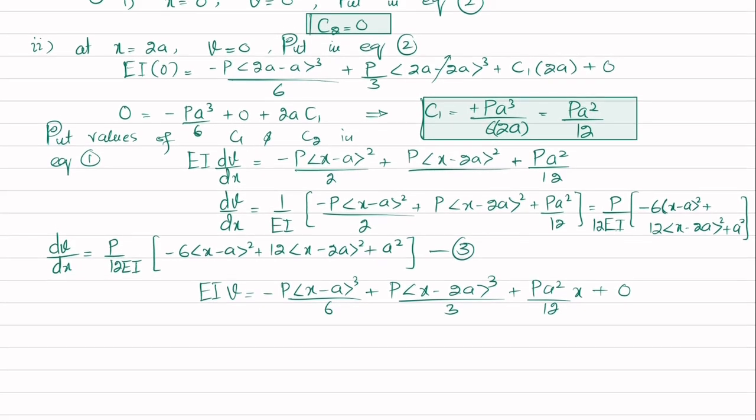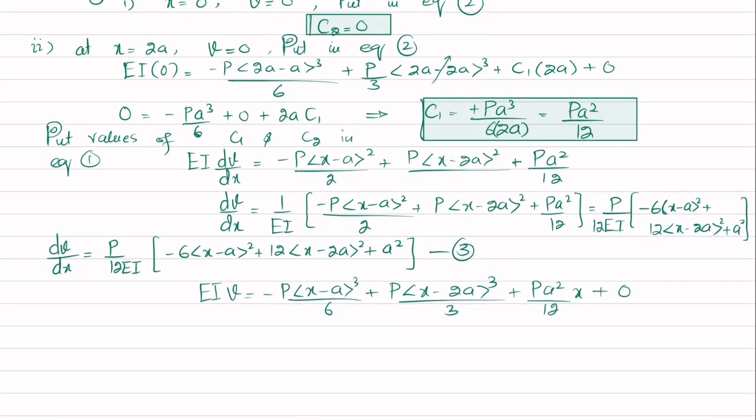And again, if you divide by EI on both sides and take P over 12 common from each term, you will get the equation of deflection: P over 12 EI into minus 2 times (x minus a) whole cube plus 4 into (x minus 2a) whole cube plus a square into x.